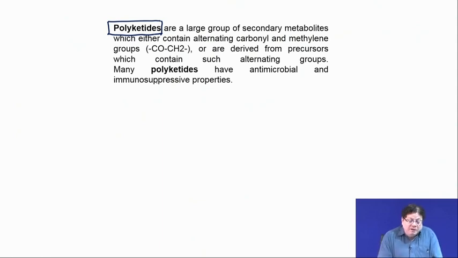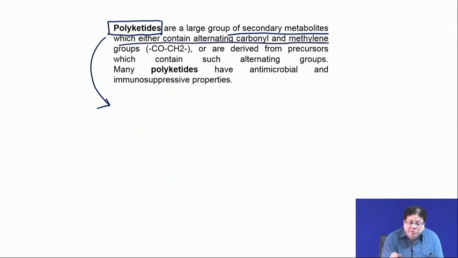Okay. Now, out of these secondary metabolites, one class is polyketides. What are polyketides? Polyketides are a large group of secondary metabolites which either contain alternating carbonyl and methylene groups, that means COCH2.